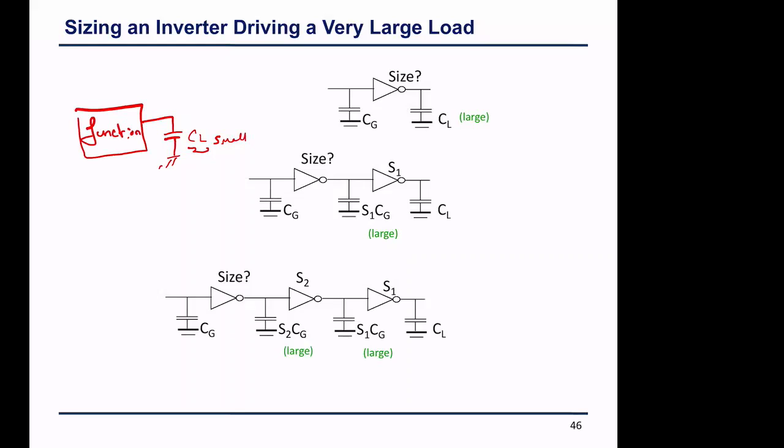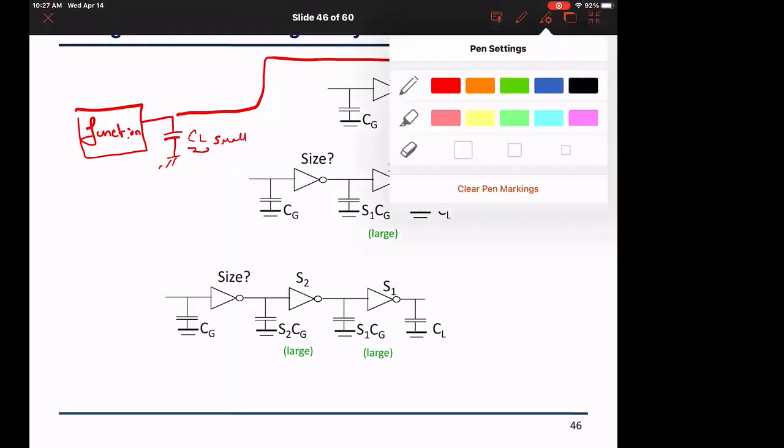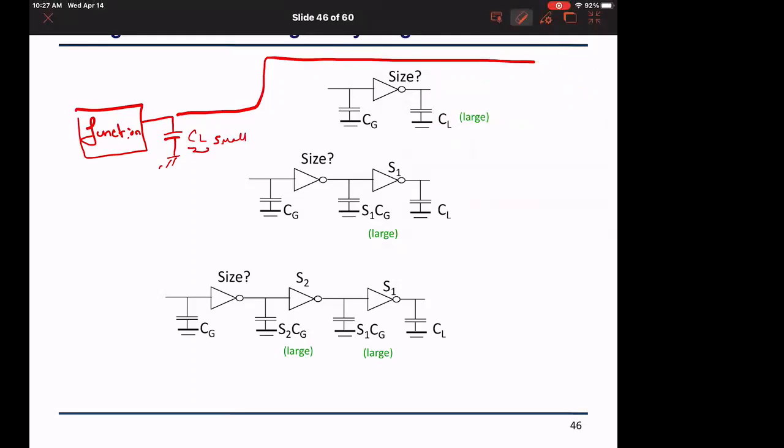Now you're building this, but while you're combining the designs together, you find that you have a very long wire going somewhere else in the chip to another module. This very long wire means a very large capacitive load. So now all of a sudden I have to interface my ALU with a very large capacitor.